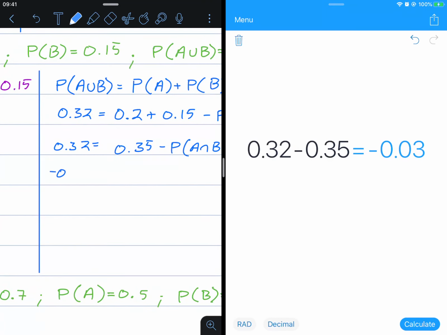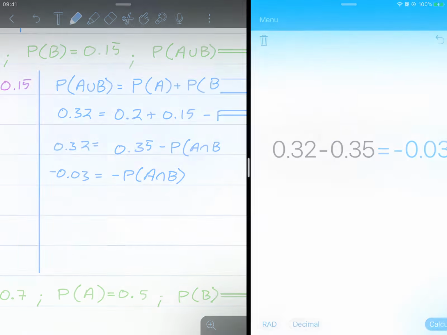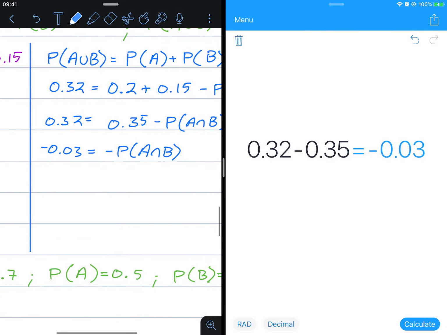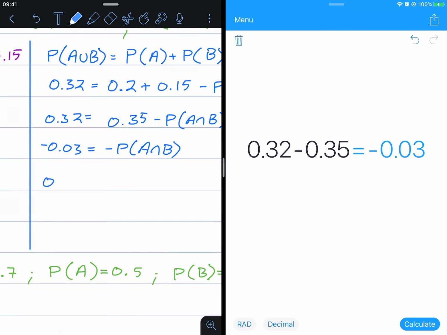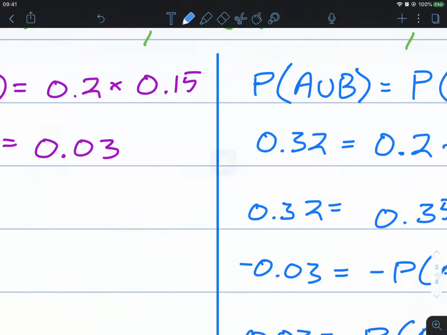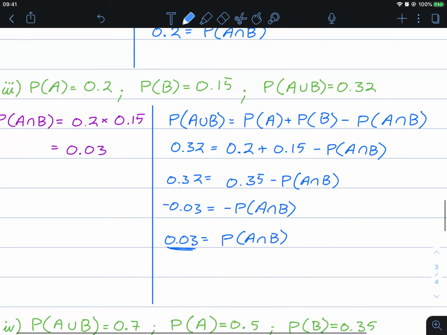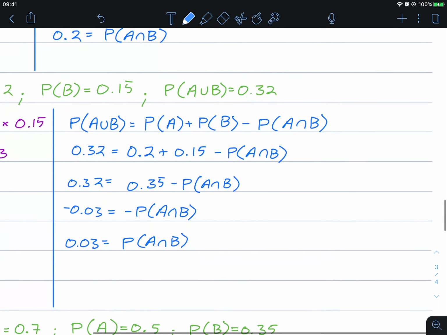That's negative 0.03 equals minus the probability of A intersect B. Multiplying both sides by -1, we get 0.03 is equal to the probability of A intersect B. Now take a look. That's exactly what we are looking for. It's matching. Therefore, A and B are independent.